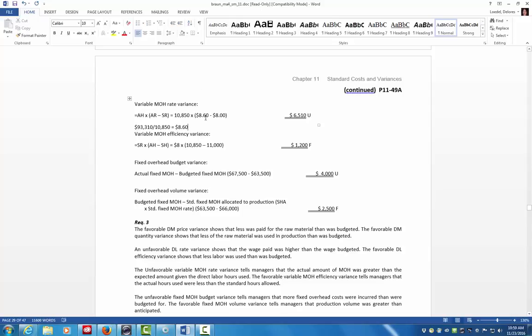That's where you are getting your actual manufacturing overhead rate of $8.60. Okay, so let's go back to the problem and show where these two numbers are coming from, the 93,310 and the 10,850.